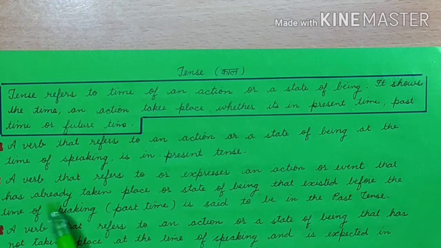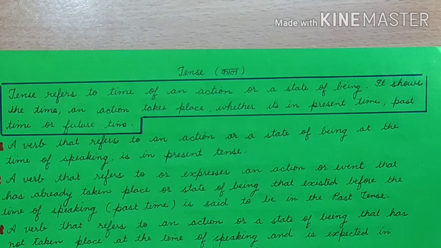A verb that refers to or expresses an action or event that has already taken place, or a state of being that existed before the time of speaking, is said to be in past tense. It isn't taking place right now; it has already taken place.